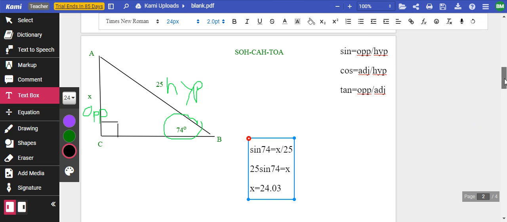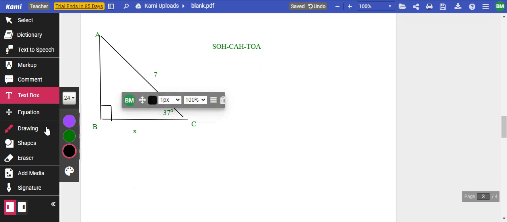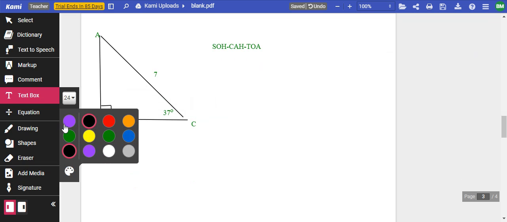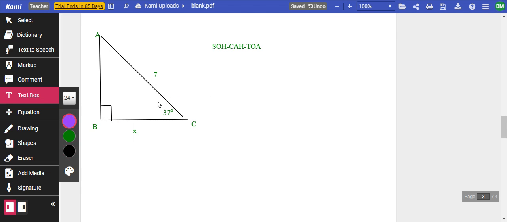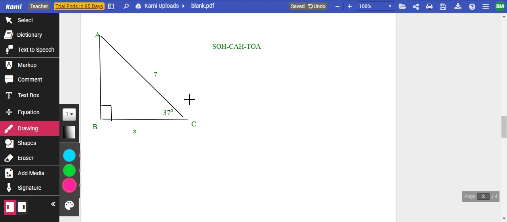So let's try another one. Again, we're looking at SOHCAHTOA. I've got 37 down here. So 37 is the angle I'm talking about. X is adjacent. It's right next to it. So ADJ. And 7 is my hypotenuse.